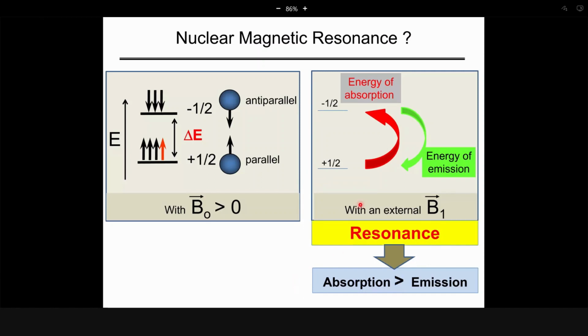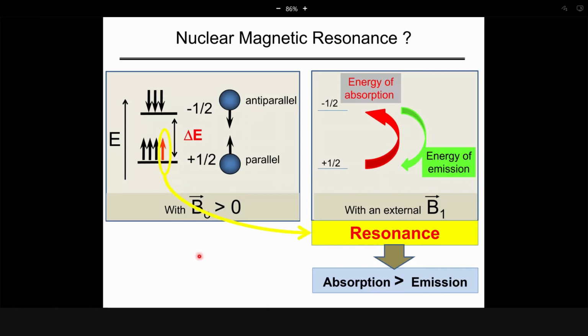And this phenomenon, this exchange between the upper and the lower level, is called the resonance phenomenon. And this resonance is only based on the small amount of nucleus that are in the lower level of energy.